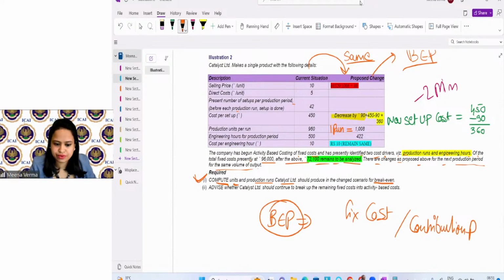This gives the break-even point, right? Say yes or no. Now read the question and think about how we can find the break-even point here.